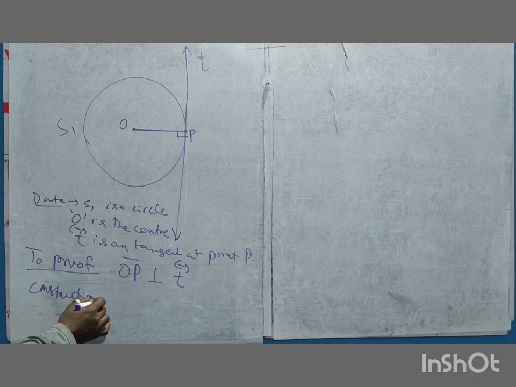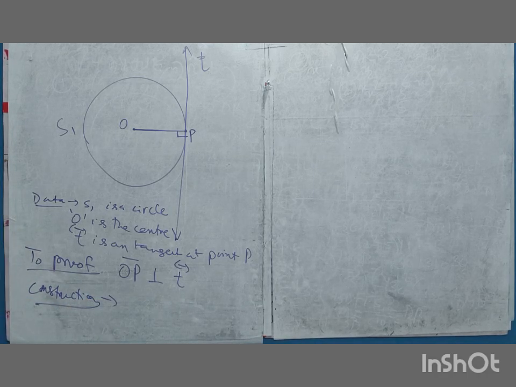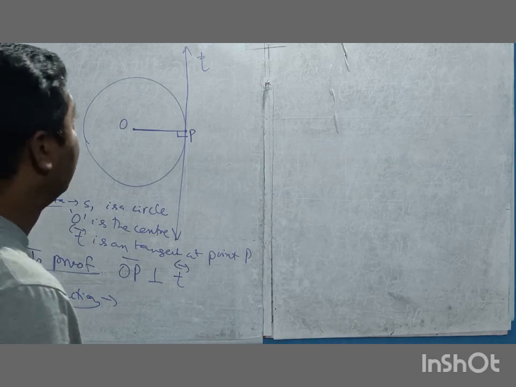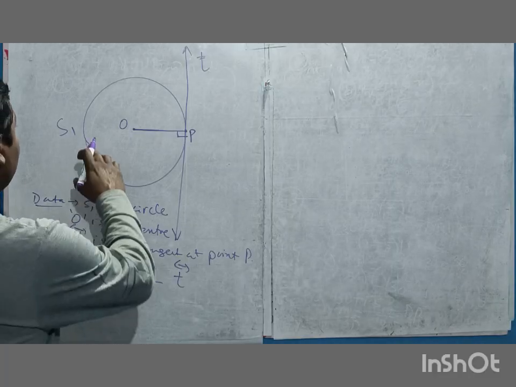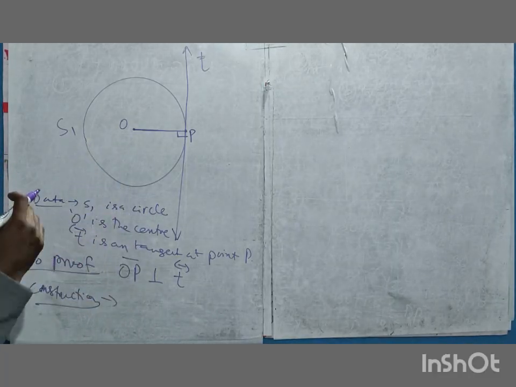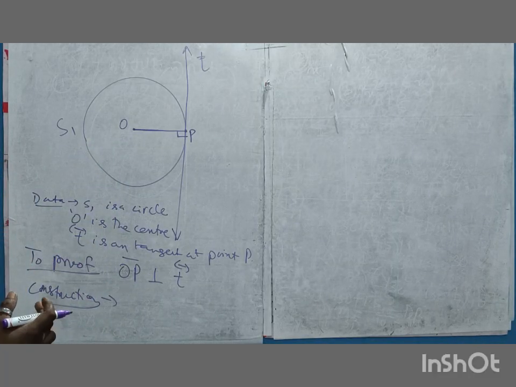The third step is construction. What extra line or extra point do you want to add?